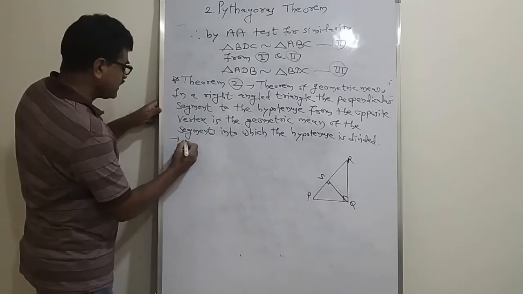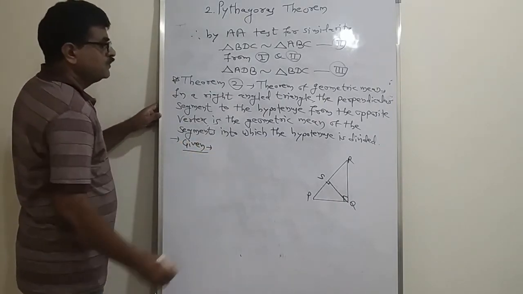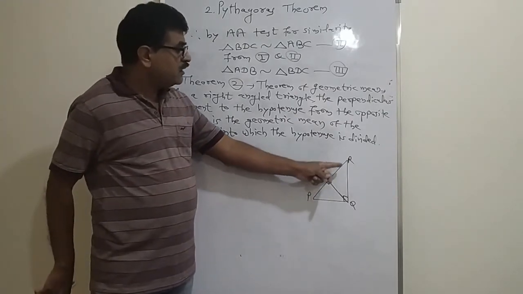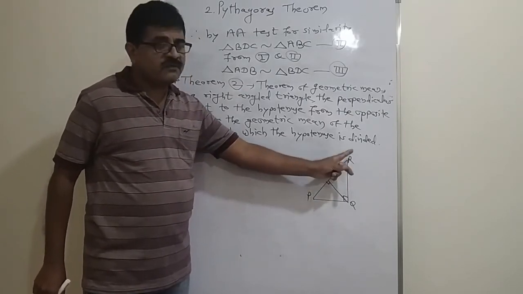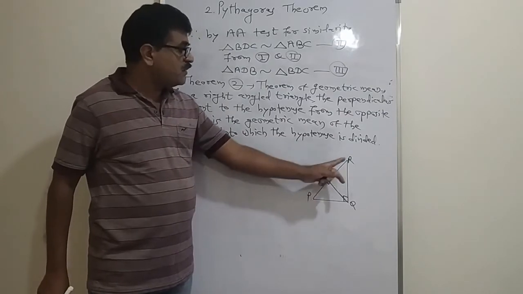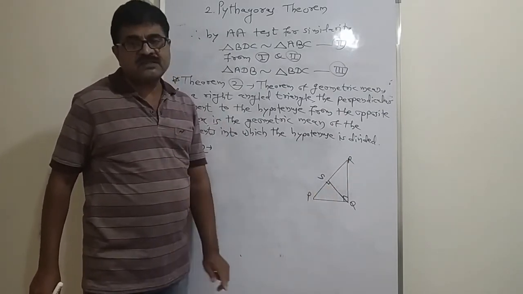Now here, first write down given. Now here we have given in triangle PQR, angle PQR is equal to 90 degrees, QS perpendicular to hypotenuse PR. This is given.